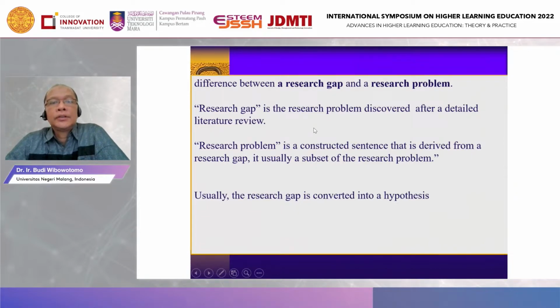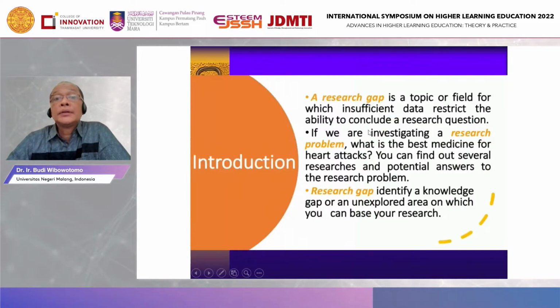To summarize, the research gap is maybe discovered after we read the literature review. It is just a series of words or a sentence that we can find after we read the literature. For example, like this: what is the best medicine for heart attacks?